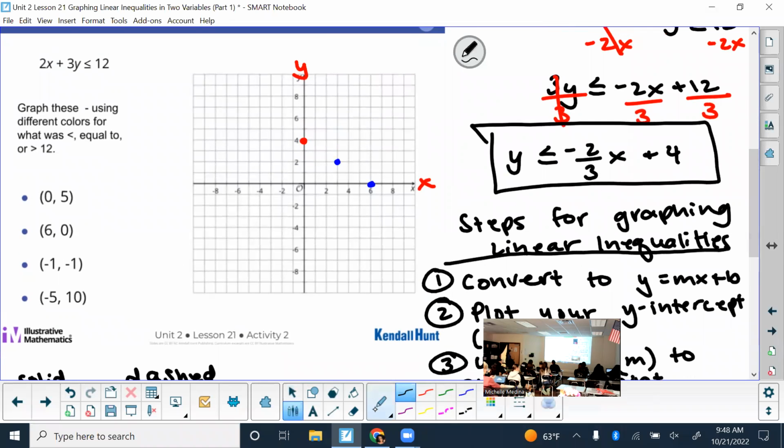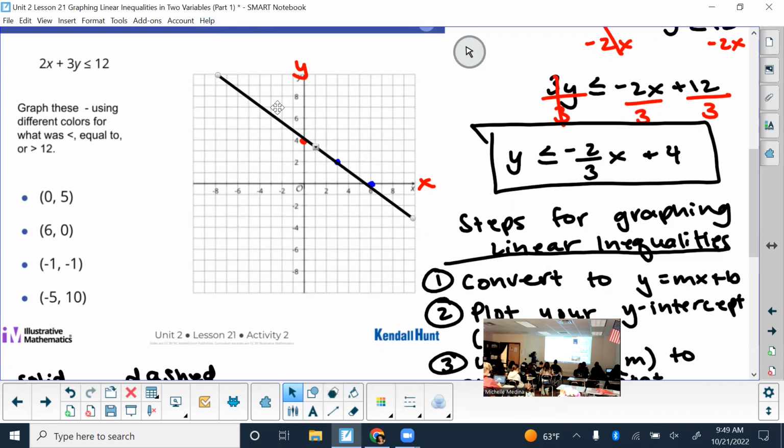So if you haven't already, draw a solid line through your 3 points.